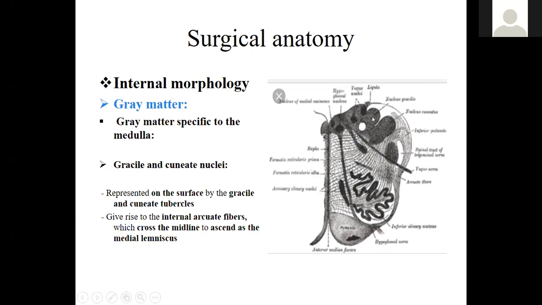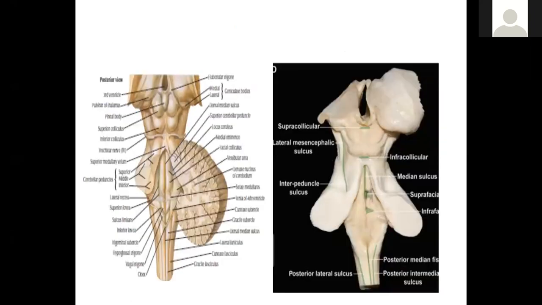The gracile nucleus, as well as the Kugnet nucleus, give rise to these arcuate fibers, which ascend as the medial lemniscus as part of the spinal medullothalamic tract.